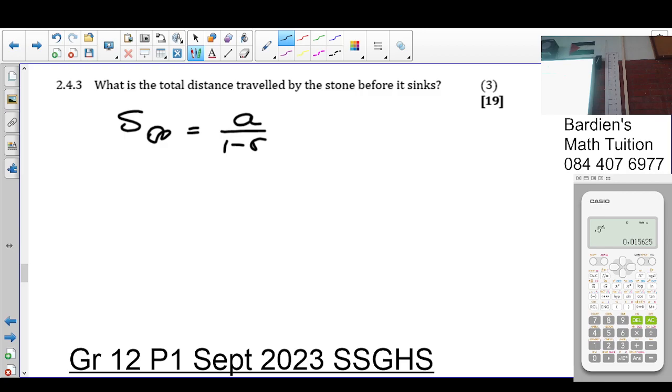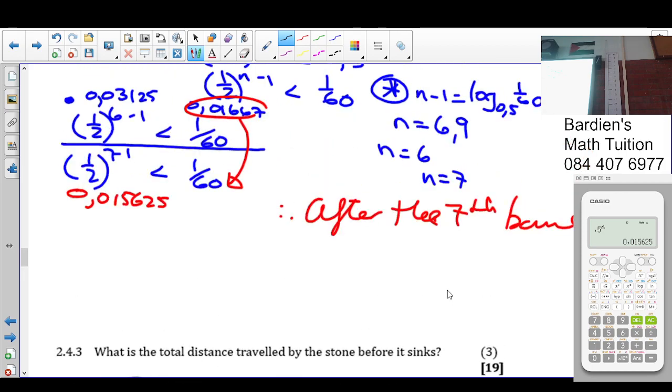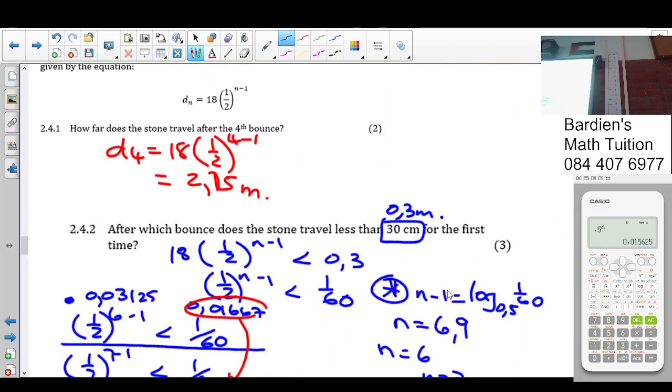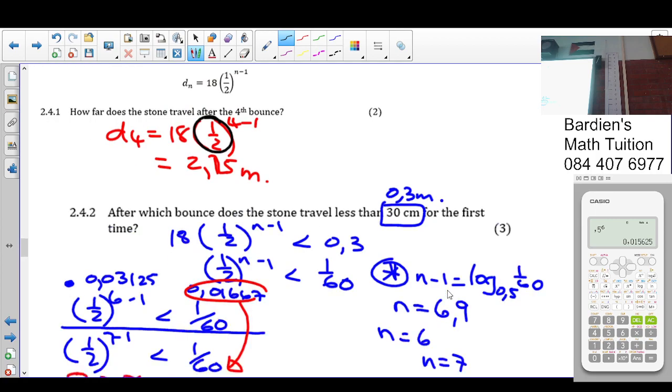The first bound travels 18 meters. It has an r value, which, if you look at your formula here, is of course half.